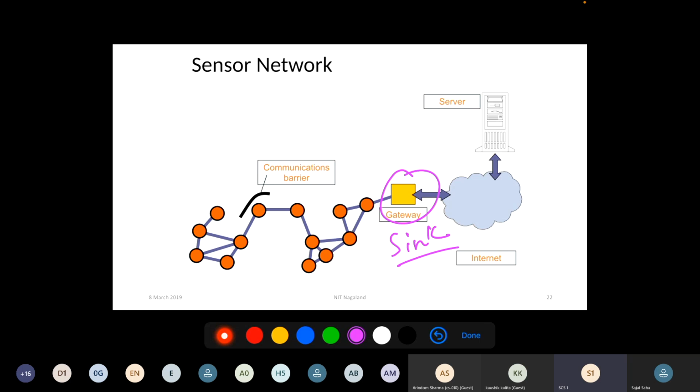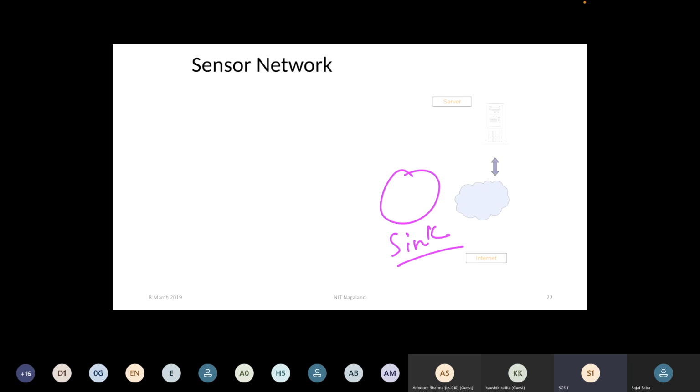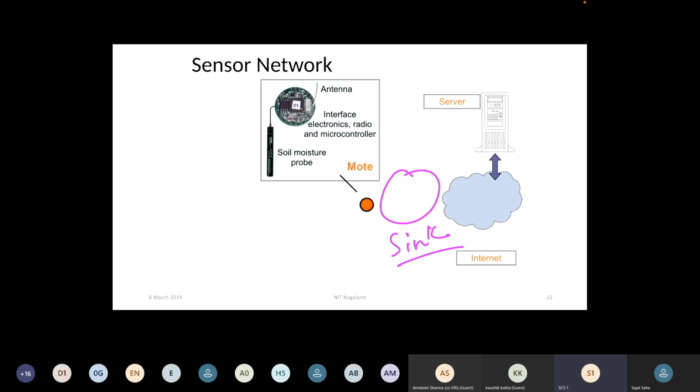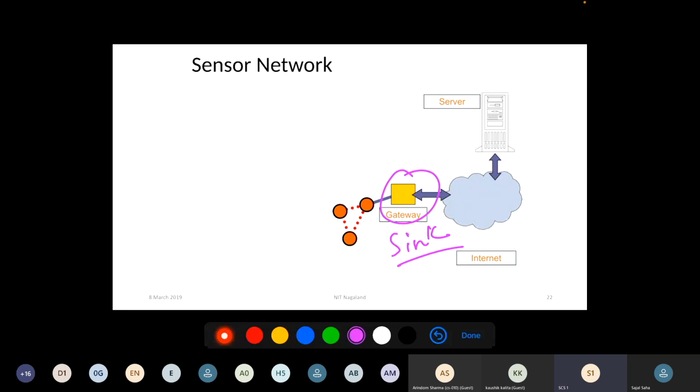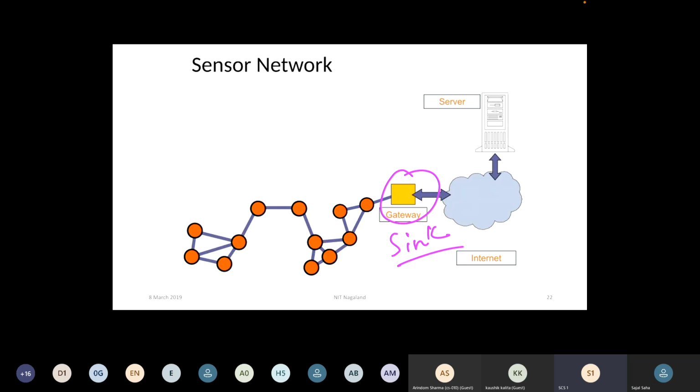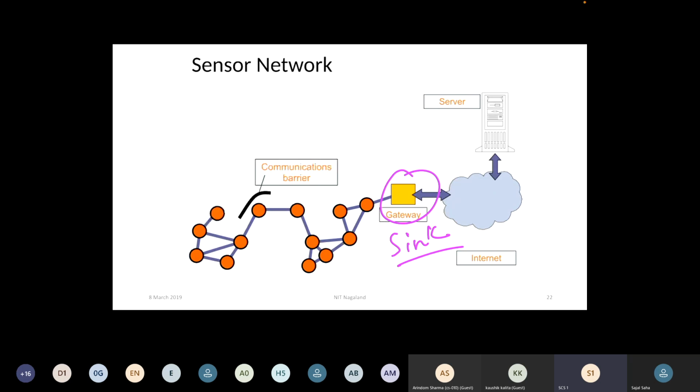So which path or which neighbor should I choose so that my data will go directly to my sink? How can I judge them? It depends upon whether I am getting a proper signal from my mobile nodes or not.